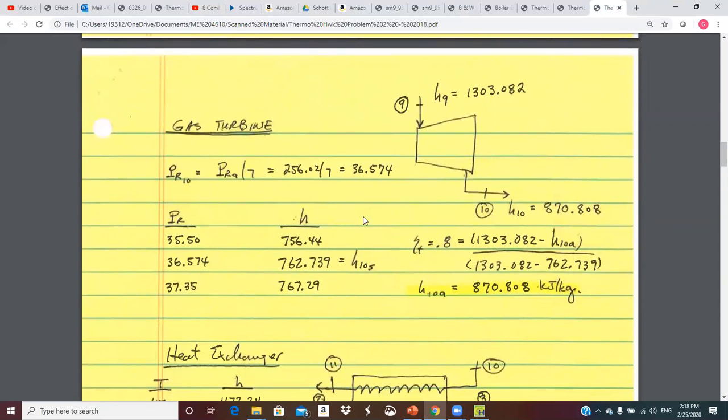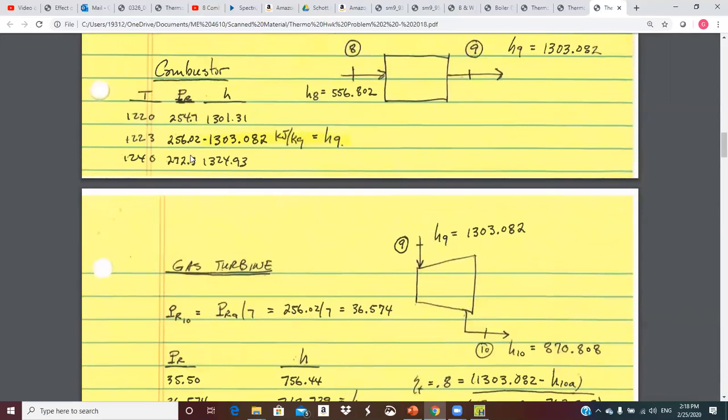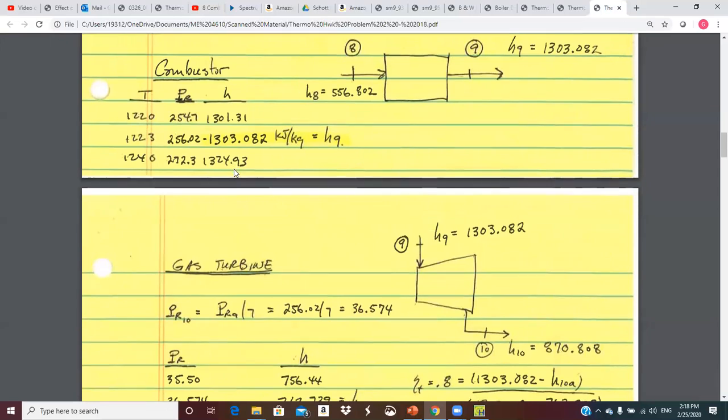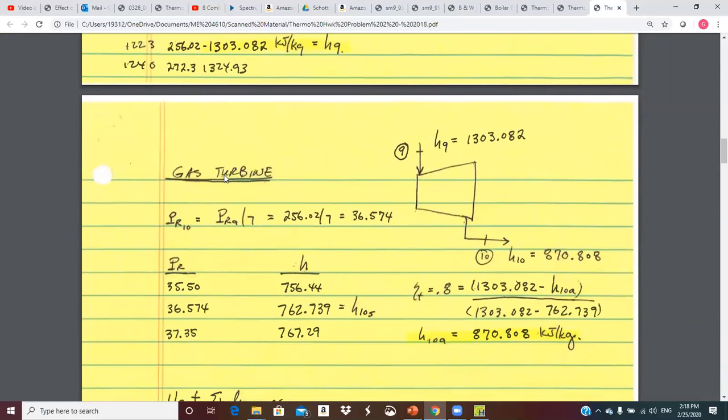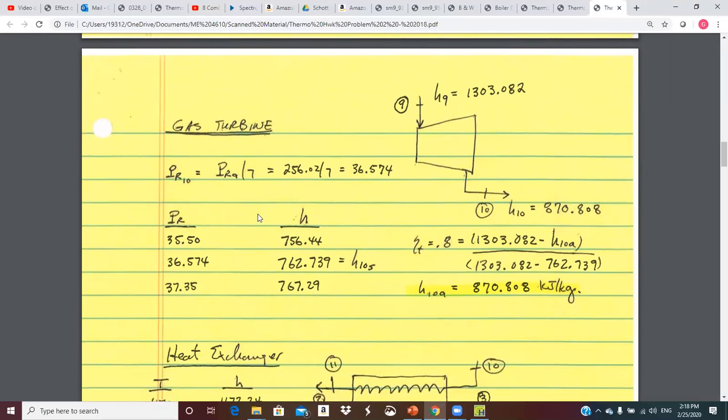So then we go through the gas turbine. Now I take this P sub R value going in, and because the pressure ratio here is 1/7, because we're going back to atmospheric basically, you divide that by 7, you get 36.574, and you go back and interpolate again. Here are the PR values; the 36.574 is in between.